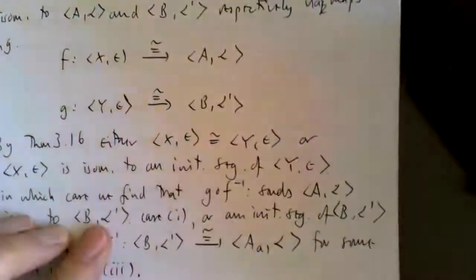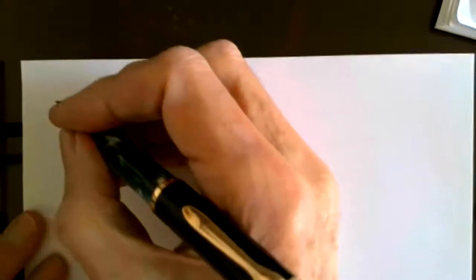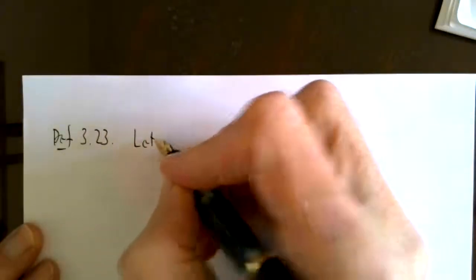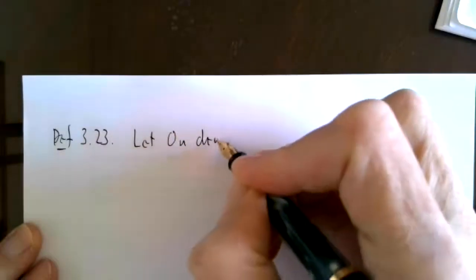Now we're going to again introduce some more notation. For ordinals, we're going to use from now on lowercase Greek letters. So definition 323. We're going to let ON denote the class of ordinals.